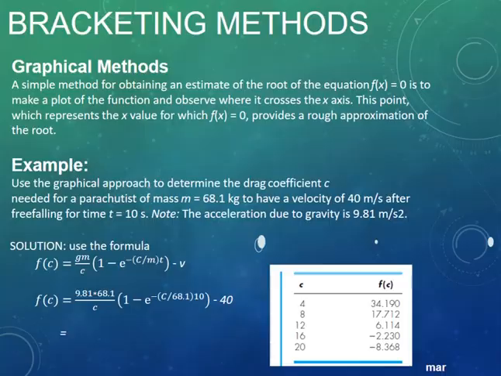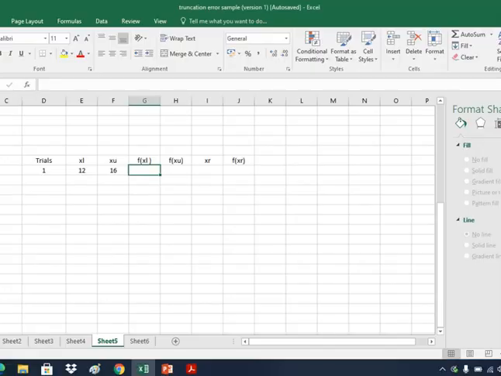Okay. So let's go back. We will solve the problem. So we copied it. That is equal to 668.06 divided by C, which is XL, 12, times 1 minus e raised to C divided by M times 10 minus 40.